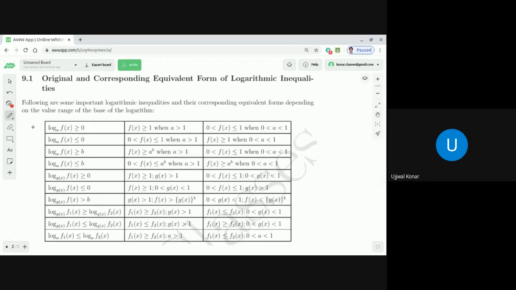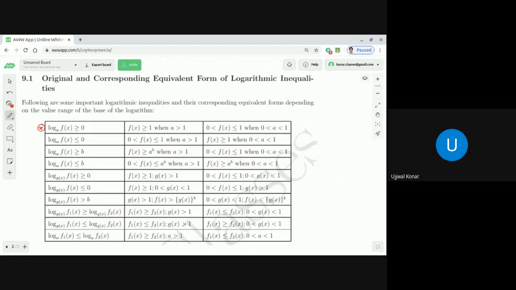Let's take the first entry. If you see the first entry, log of f(x) base a greater than or equal to 0, then f(x) is greater than or equal to 1 when a is greater than 1. This is the equivalent form. And 0 less than f(x) less than or equal to 1 when 0 less than a less than 1.